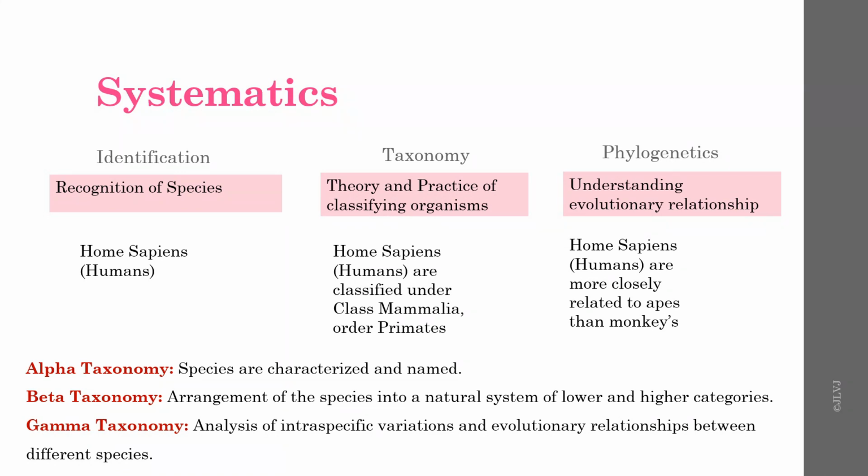And finally, gamma taxonomy, in which phylogenetics also plays a role, and we know that after species there are different taxa as well. So we have to check the intraspecific variations and the evolutionary relationship between these different species.